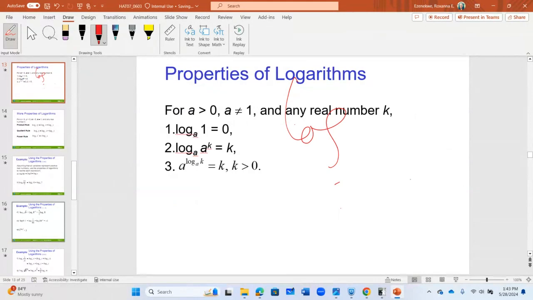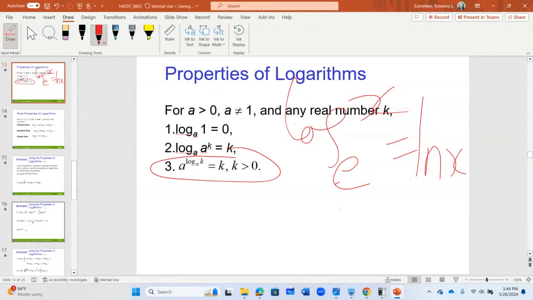Log of any number, let's call it x, to base e is called natural logarithm. We call it natural log of x. So whenever log is written in base e, it is called natural logarithm. Okay, let's continue.